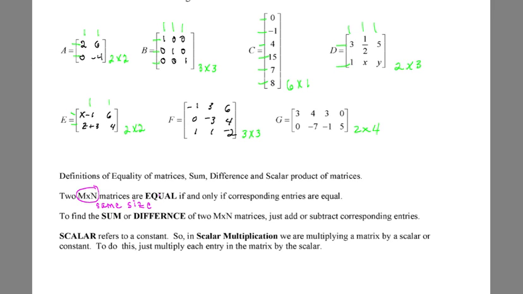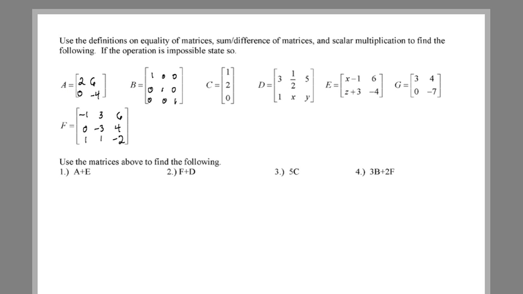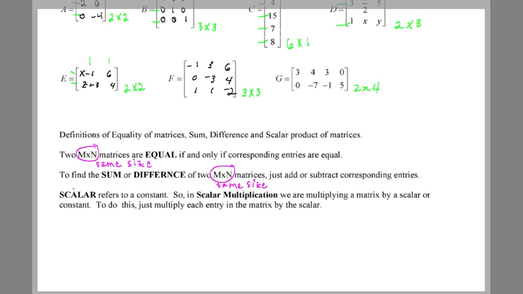Let's look at the sum or difference. If I want to find the sum or difference of 2, here it says it again, m by n matrices, which means I can only add or subtract matrices of the same size. If I want to find the sum or difference of 2 matrices that are the same size, I'm just going to add or subtract corresponding entries, just entries in the same positions. And then a new term here you may not be familiar with is the term scalar.